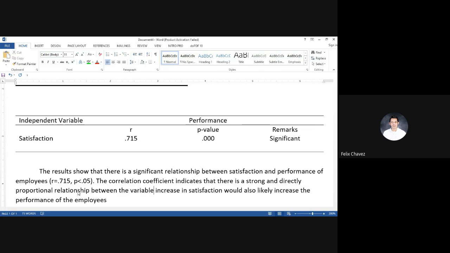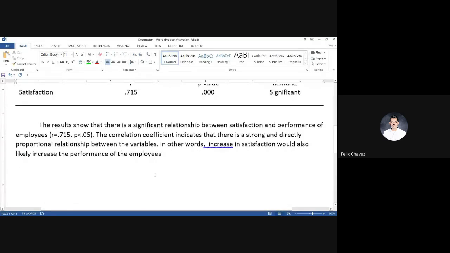Okay? In other words, the increase in satisfaction would also likely increase.